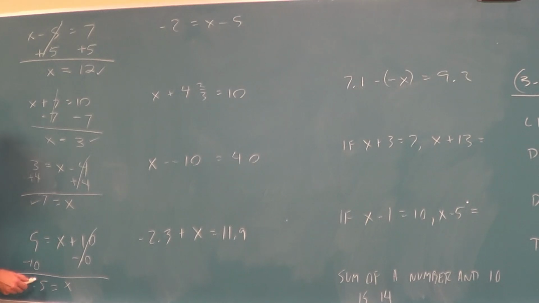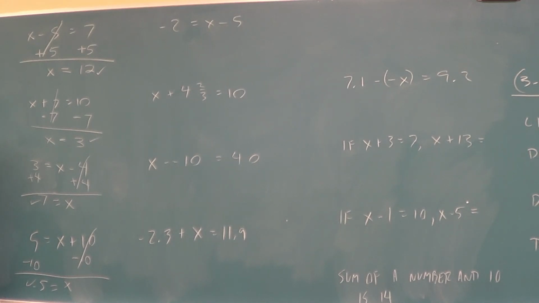It is negative 5. If you do your add rule to check it, adding a negative and a positive, what was that rule? Depends on bigger and we subtract. So negative 5 and positive 10 adding, is that indeed 5? Yes. So that checks out and we're done with the column.